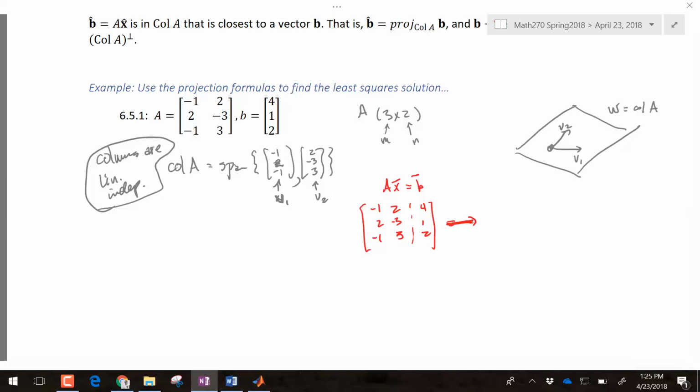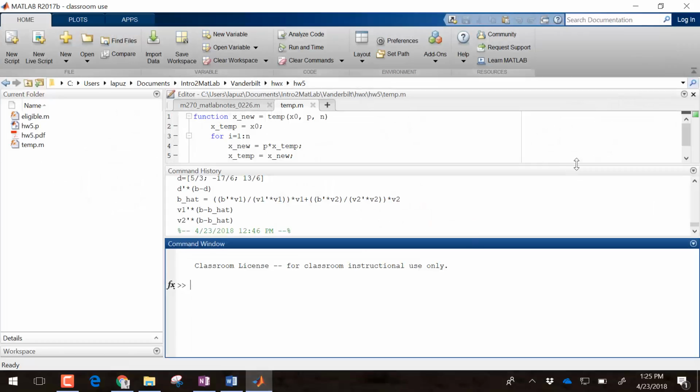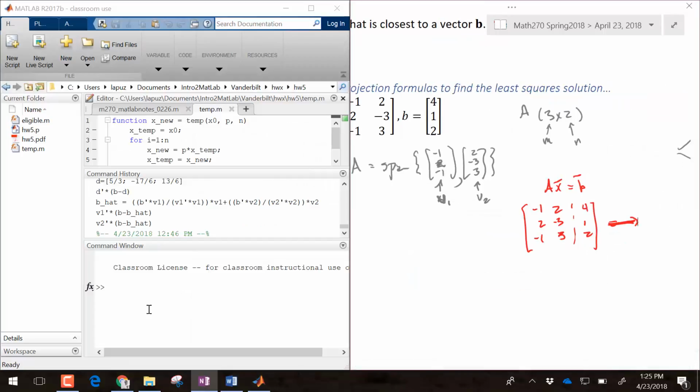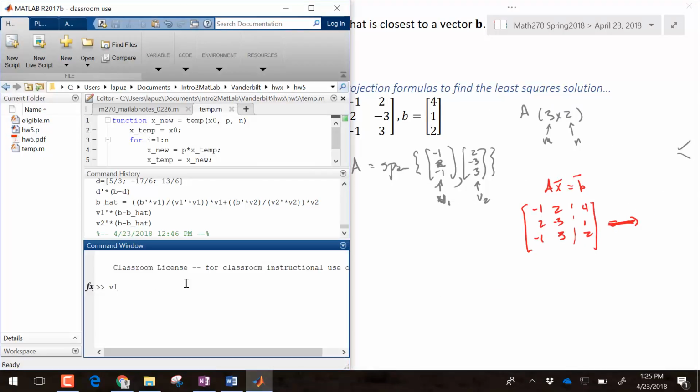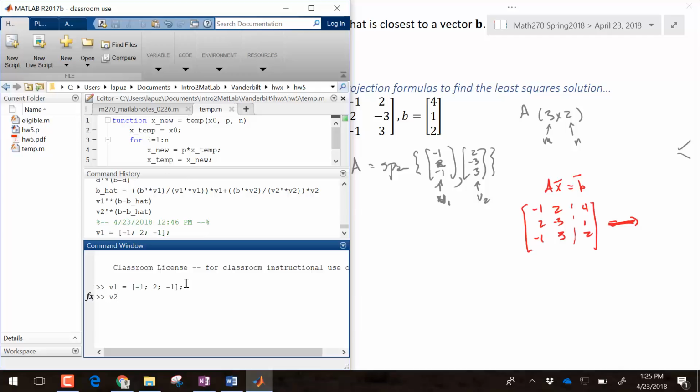Can we row reduce here real quick? MATLAB? Sure. Look, MATLAB's already open. So let's see. I have a vector v1 equal to -1, 2, -1, and a vector v2 equal to 2, -3, 3. These are column vectors, and your matrix A is going to be the combination of v1 and v2.